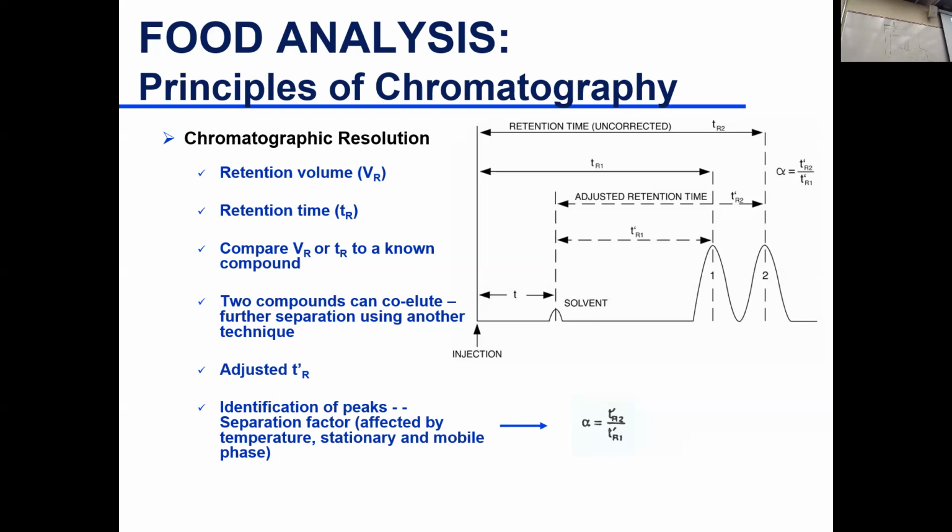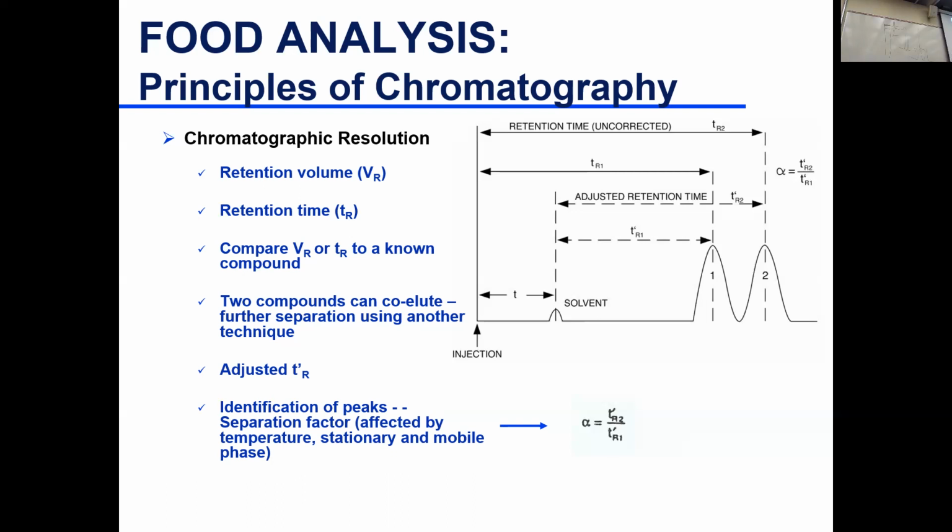That means we separate, let's say, by size exclusion, and then we separate by ion exchange. So we can enhance separation of compounds by utilizing different modes of separation. Some compounds have the same size but different charge. Some compounds have the same charge but different size. So if you use only one or the other, you won't get separation.